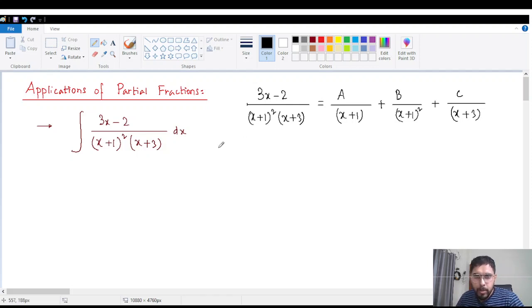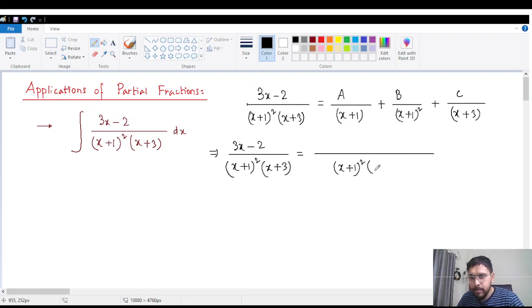Now we are going to make the denominators the same. So 3x minus 2 over x plus 1 whole square times x plus 3, and on this side we have again the same denominator, x plus 1 whole square times x plus 3, and here we will be getting A times x plus 1 and x plus 3 plus B times x plus 3 plus C times x plus 1 whole square.